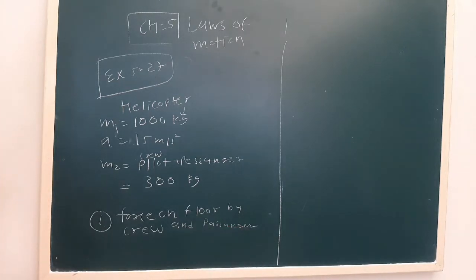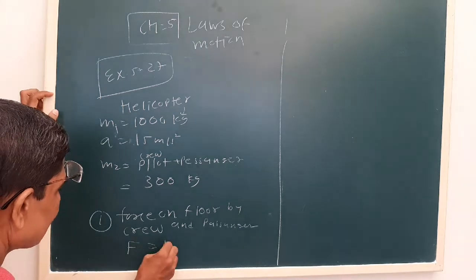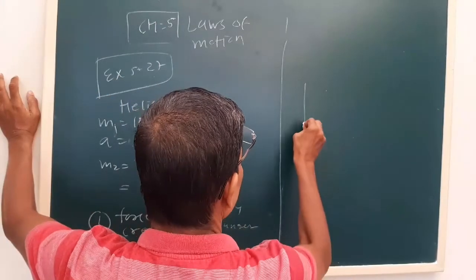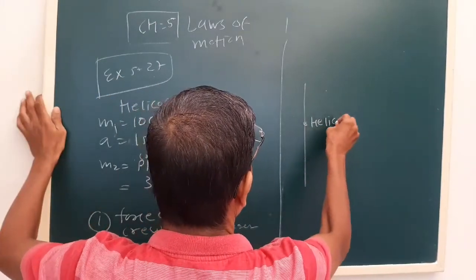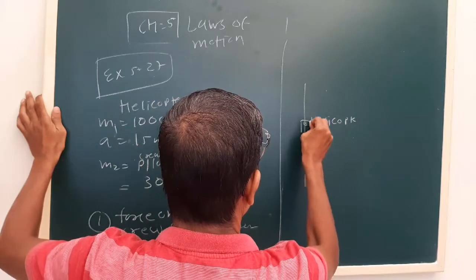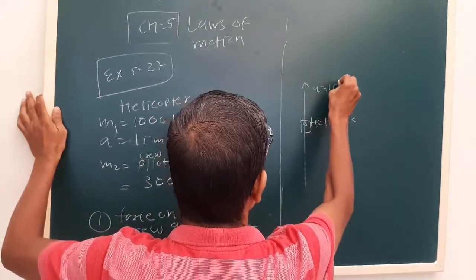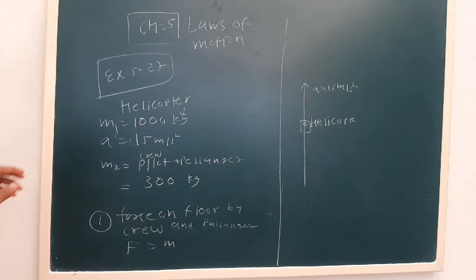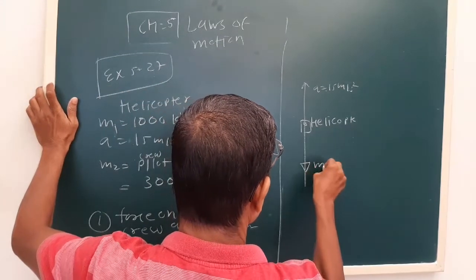Force on the floor by crew and passenger, so that will be equal to F. Now consider a free body diagram of the helicopter. Now this is the acceleration, that is given 15 meter per second square, and weight mg.